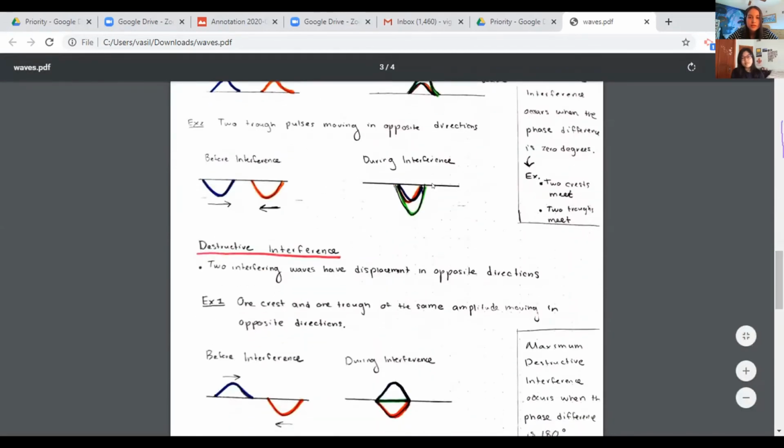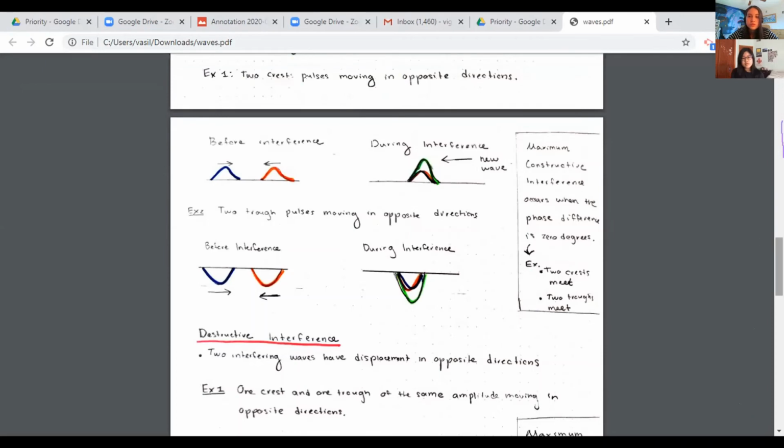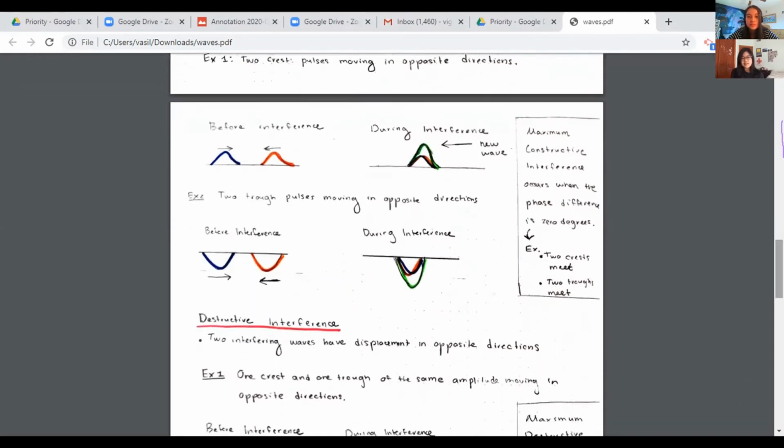A new wave would be produced with the combination of the two pulses. Maximum constructive interference occurs with a phase difference of 0 degrees, which occurs when two crests meet or two troughs meet.